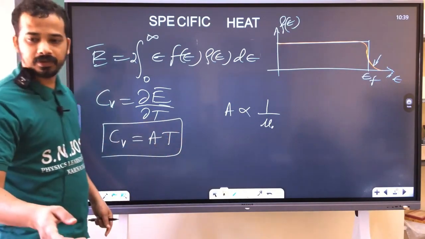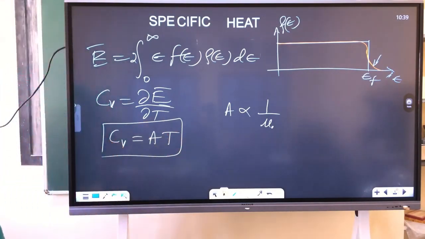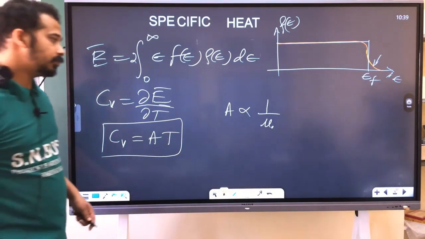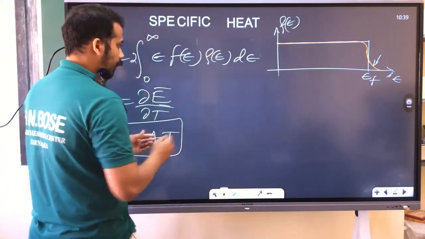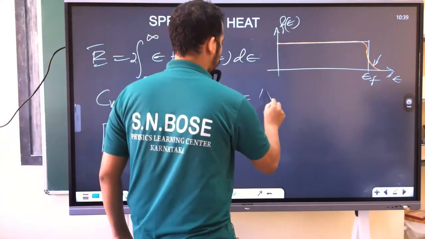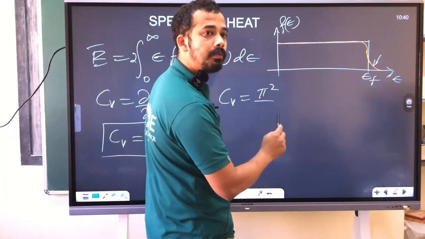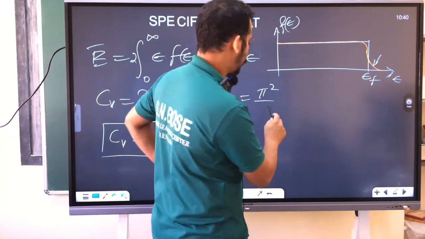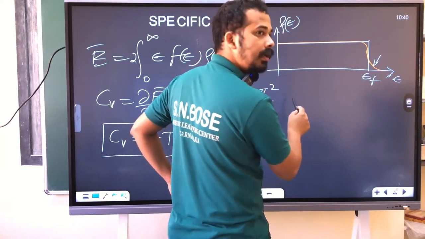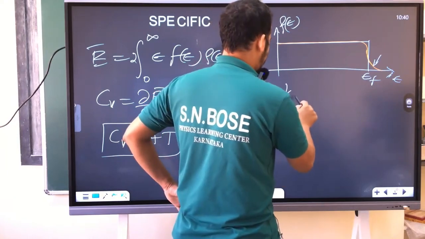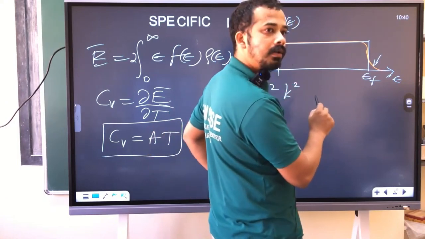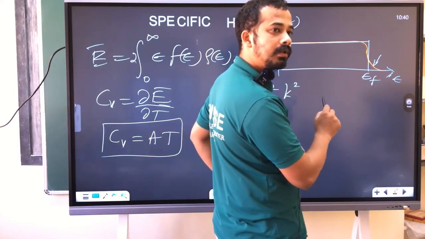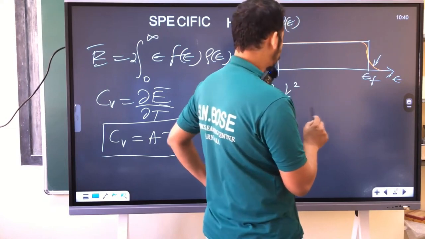Can you check that out if you have written the expression? Because on this one you can find 3 to 4 questions actually. I mean, you are saying pi square by 2 n k, n, what is n?